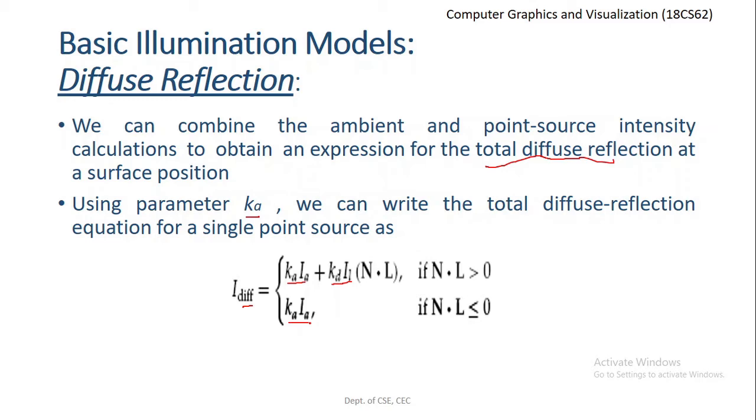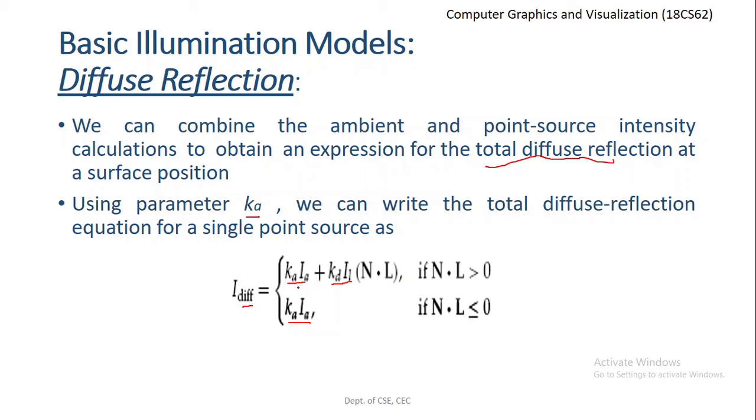So this is the equation for the total diffuse reflection, taking into account both the ambient light as well as the light from the particular point source with a given intensity IL. The intensity of the diffuse reflection is given as the product of the ambient reflection coefficient Ka into the ambient light intensity Ia, plus the diffuse reflection coefficient Kd into the intensity of the point source IL into the dot product of two vectors: n, which is the surface normal vector, and L, which is a unit direction vector in the direction of the point light source.